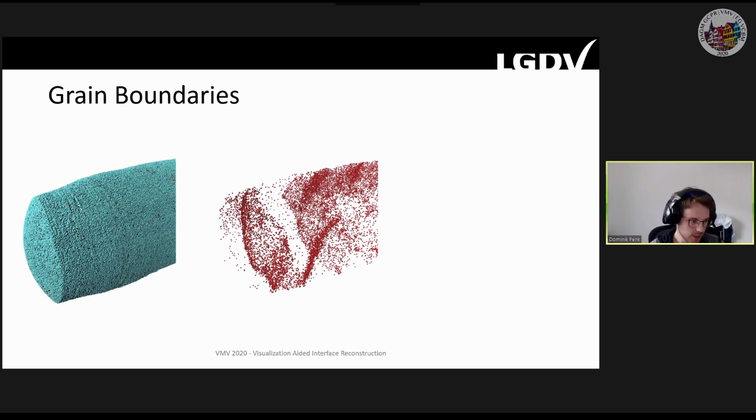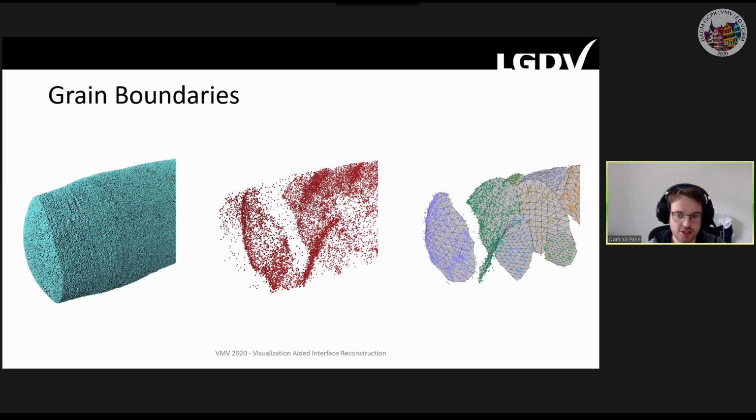Interesting properties of these boundaries are, for example, the curvature or the distance of other atoms to these boundaries. For all this computation, it's very helpful to have a real surface representation, not only a point cloud. On the right-hand side, you see one of those, a triangulation in this example.